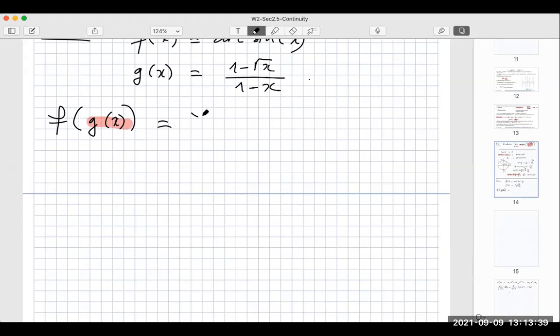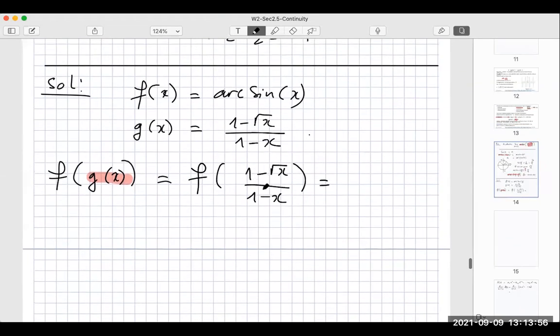What is g of x here? Very good. This is the composite function definition. And then what is f of this guy? Yes. Arcsine of the whole thing.